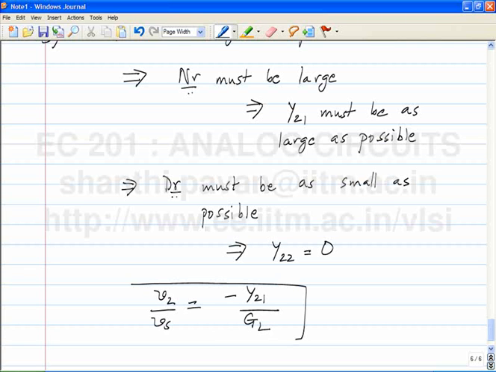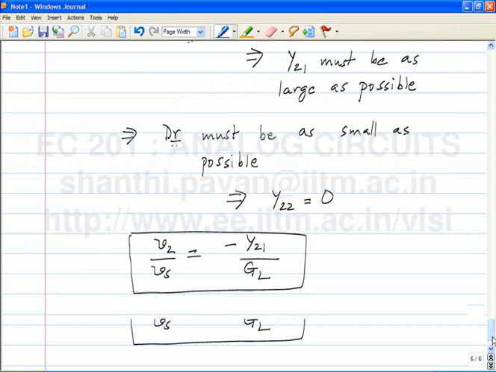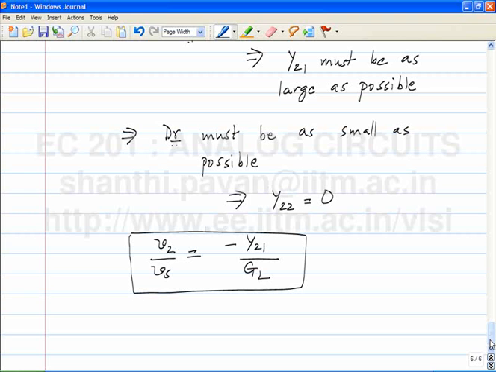Does the gain depend on GL or not? It depends on GL, so you live with it. So if you have to realize the other three constraints, it looks like you can't get the gain to be independent of the load.